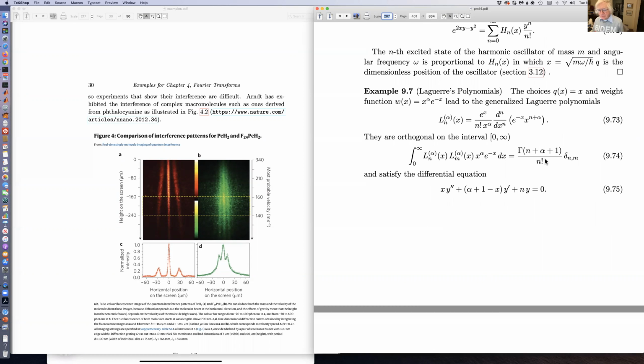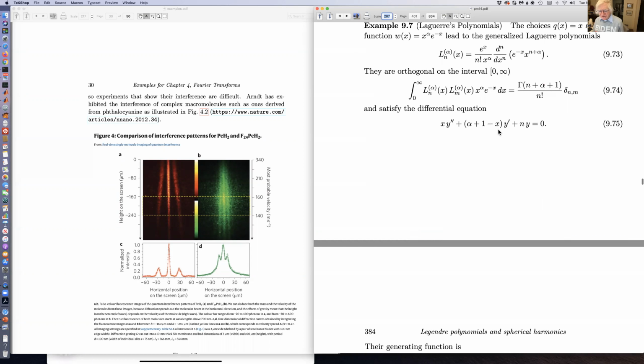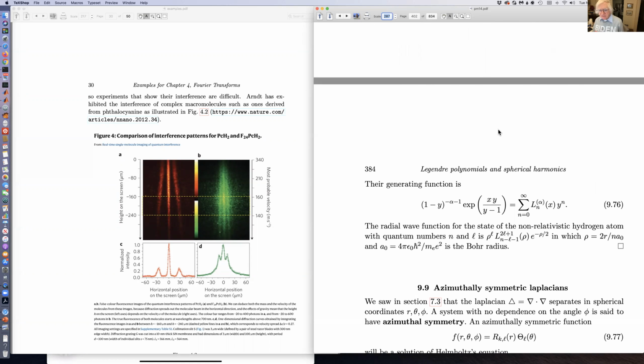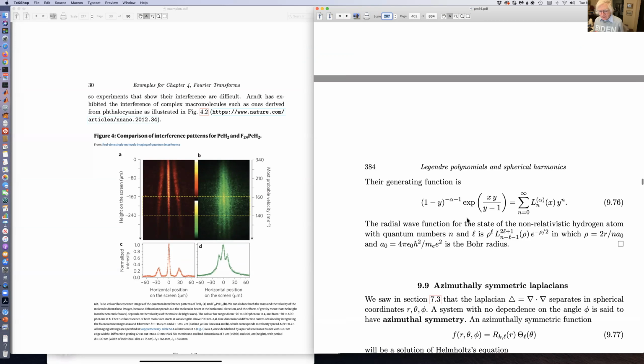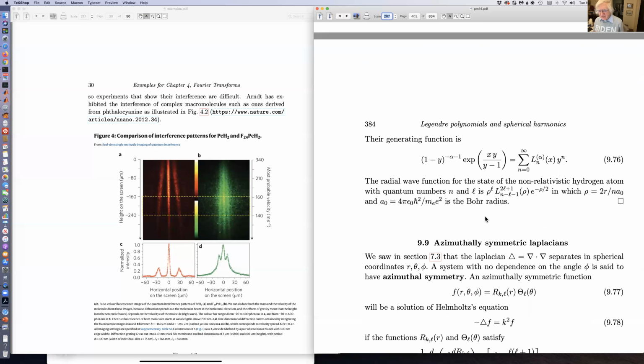And these then are orthogonal on the interval 0 to infinity and satisfy this differential equation. Their generating function is rather complicated here. And these are the wave functions for the various states of the non-relativistic hydrogen atom.